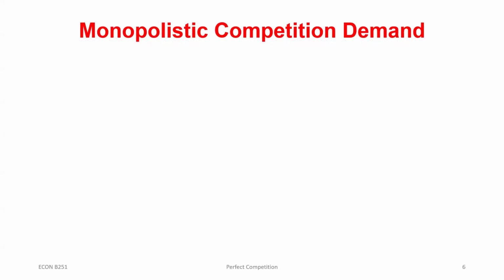And just like a monopolist, their product is a little bit different, so they're going to set the price for their product. McDonald's sets the price for their hamburgers. They don't get to set the price for Five Guys. So if they're setting a single price for their product, what are they also going to have like a monopolist?